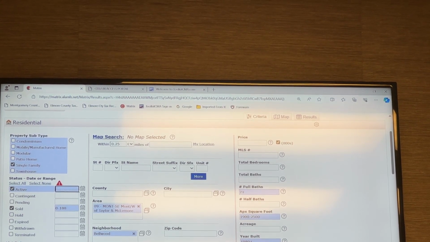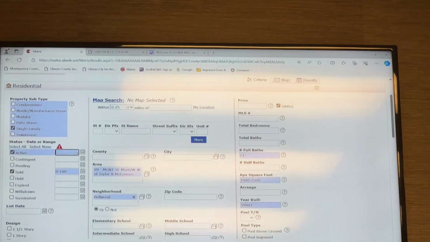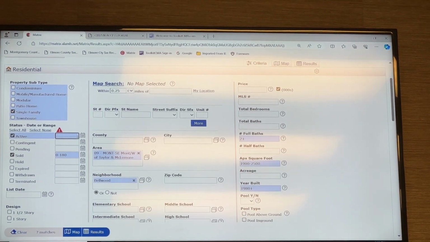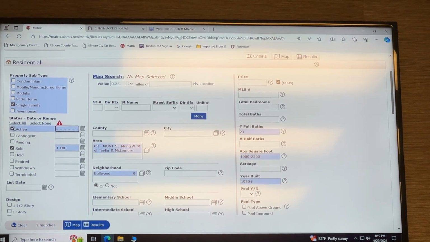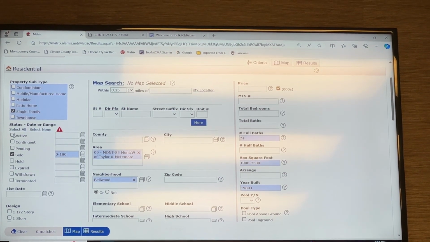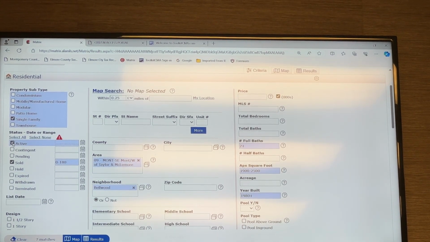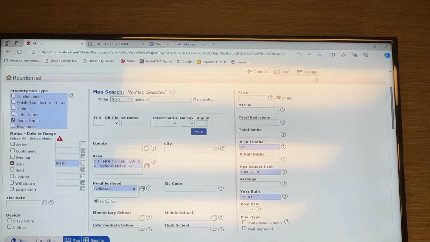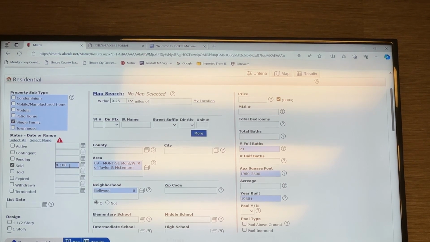I don't know why that's happening. I've got 7 actives in. Why is it doing that? It doesn't make any sense. Now you've got no results, 0 matches.